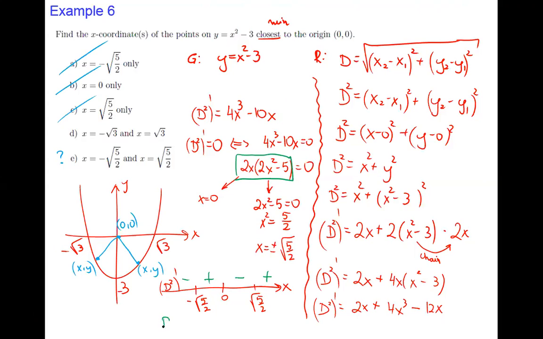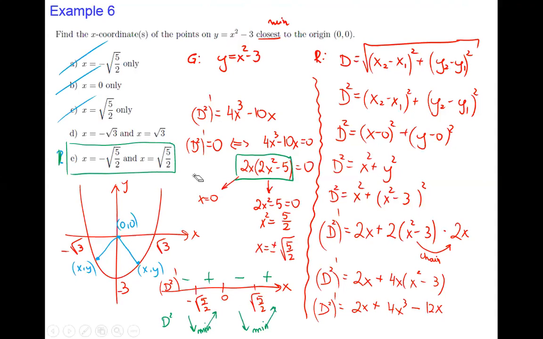That means my distance function behaves like decreasing, increasing, decreasing, increasing. That means that's the minimum and that's the minimum. 0 is giving me maximum. And that means 0 is not a good number. And of course, no question mark, this is the correct answer.